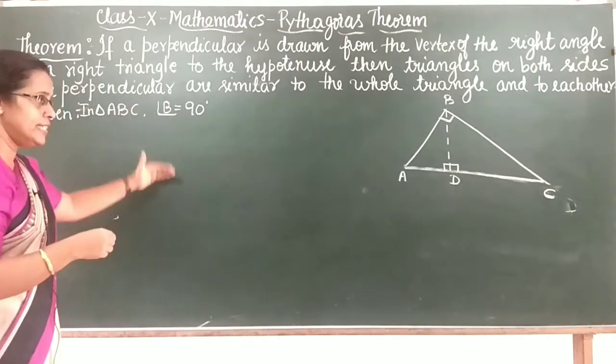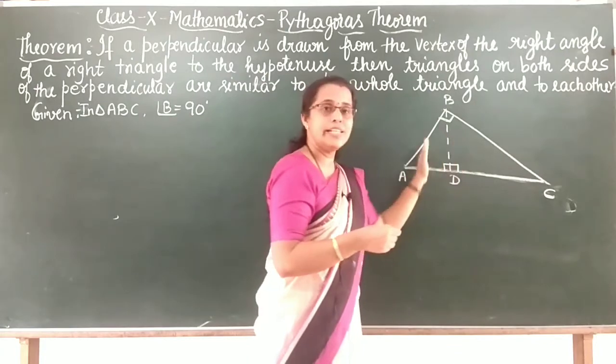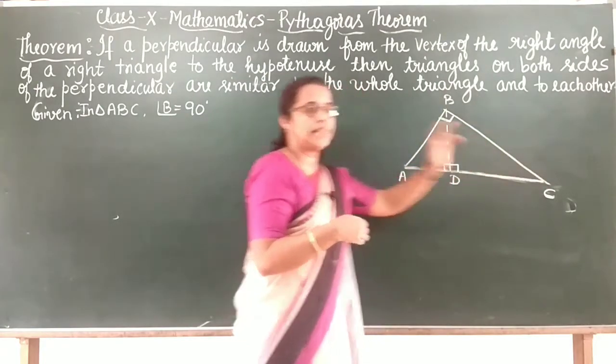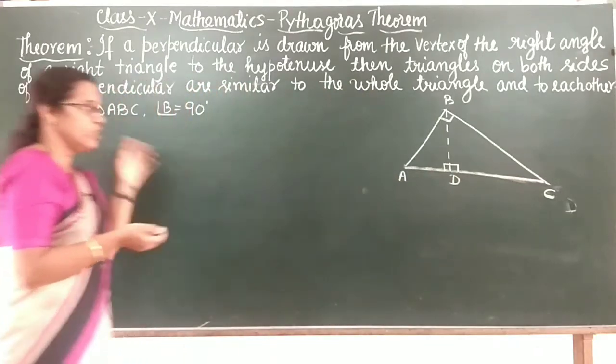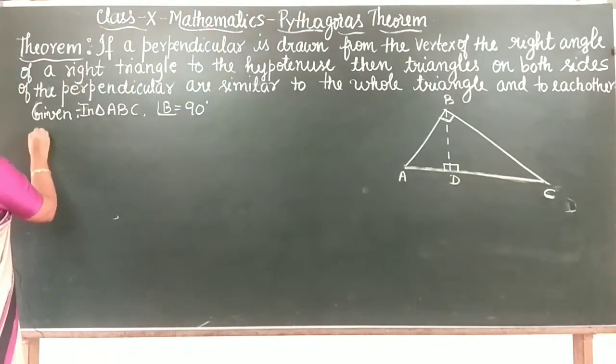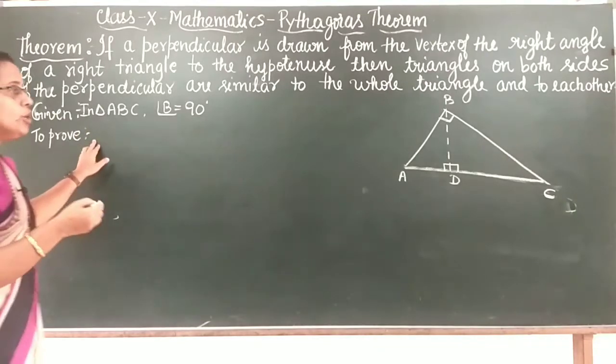When you draw a perpendicular to this, how many triangles form? They are all similar to the whole triangle, and that is what I have to prove. So this much you know. Now what do you have to prove?